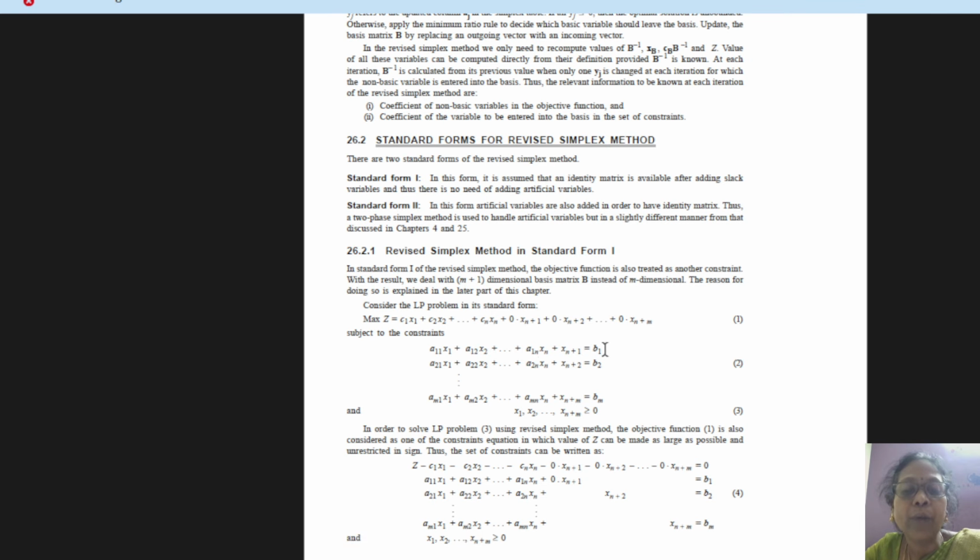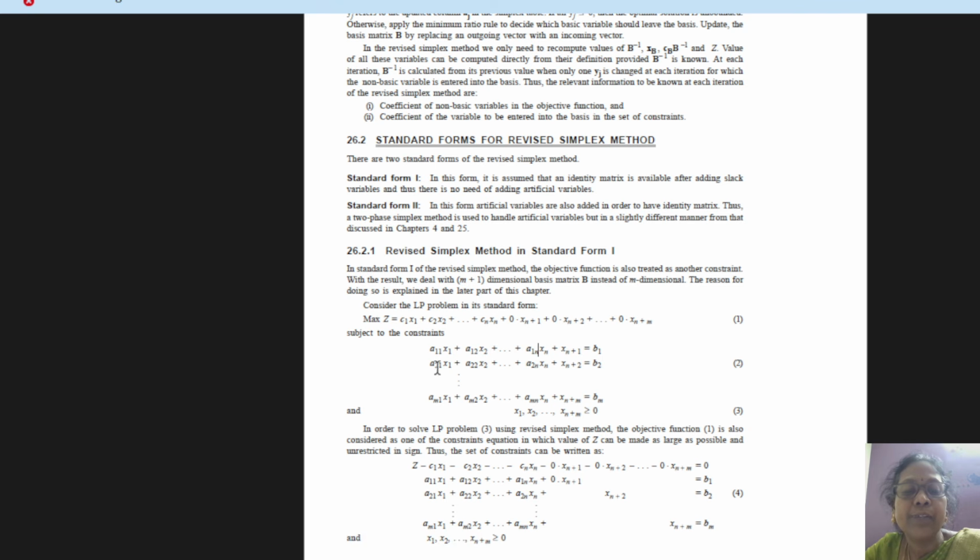While adding a slack variable, we introduce its cost as 0, so we add that variable to the objective function also with a 0 cost. That's why we add 0 times xn plus 1.